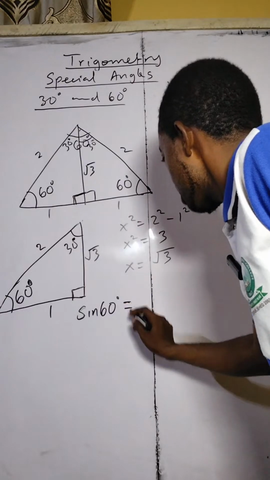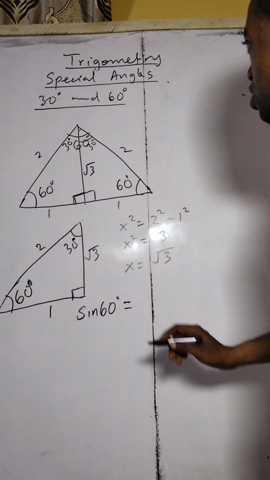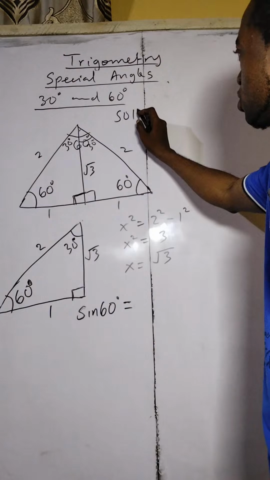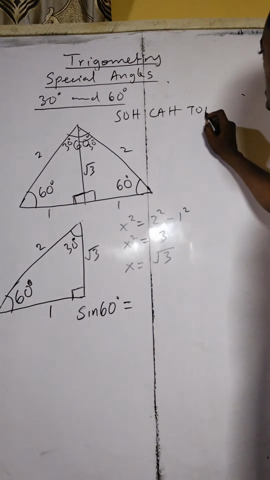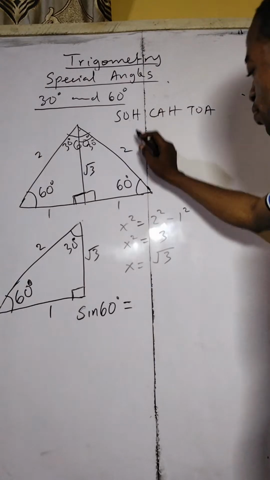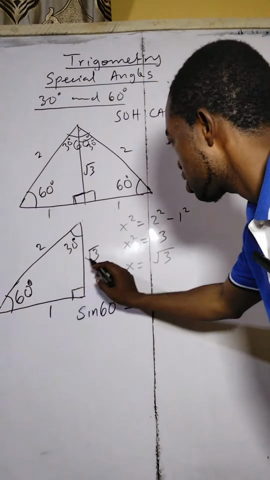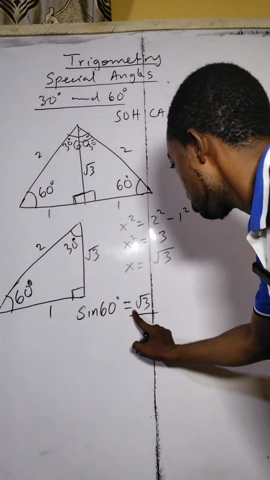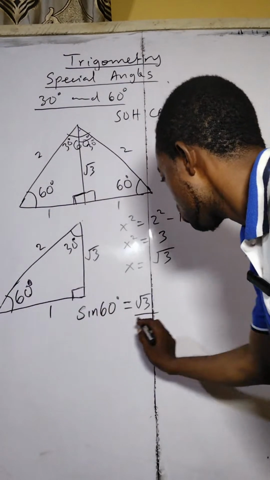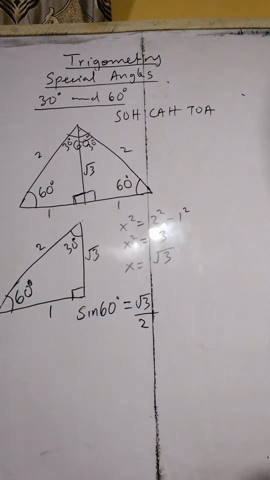Don't forget sine is opposite over hypotenuse. That's why we have SOHCAHTOA. The opposite of 60 is root 3, over the hypotenuse, which is facing the right angle, which is 2. So that's root 3 over 2.